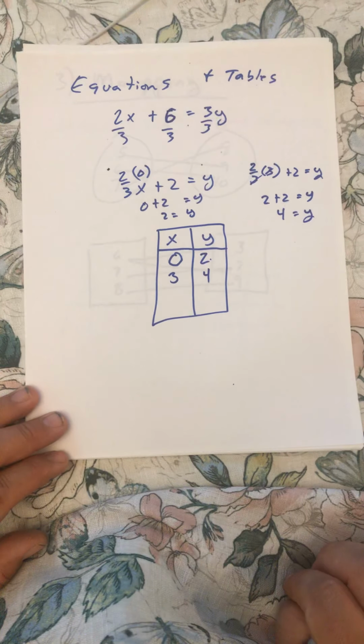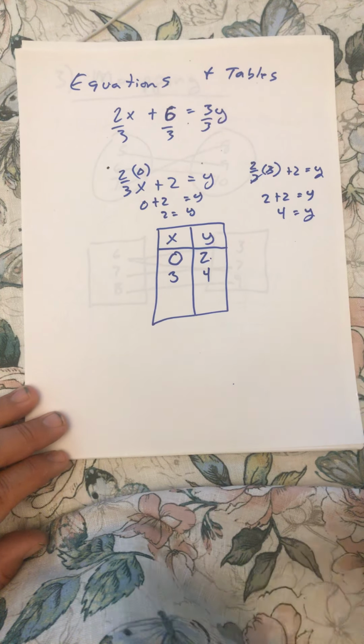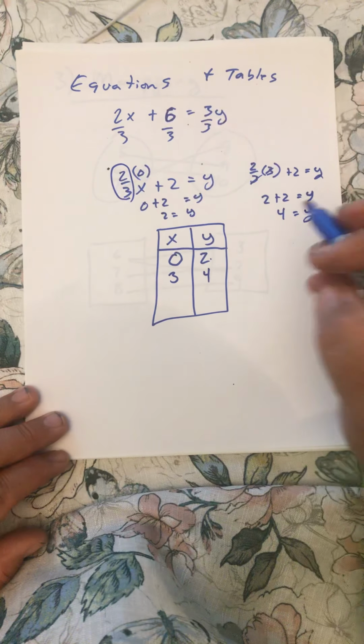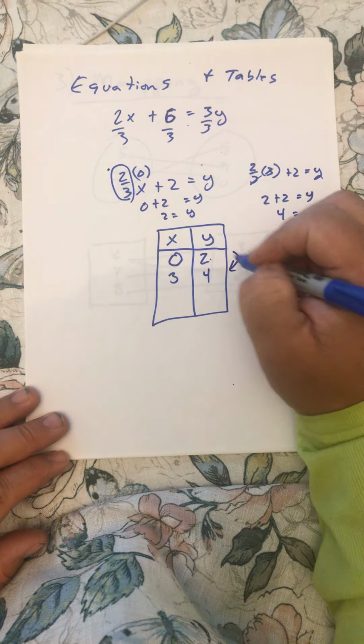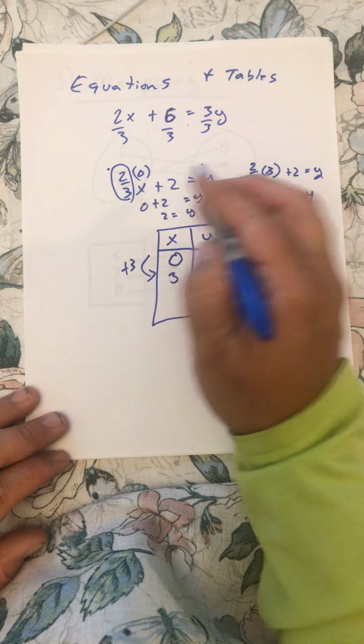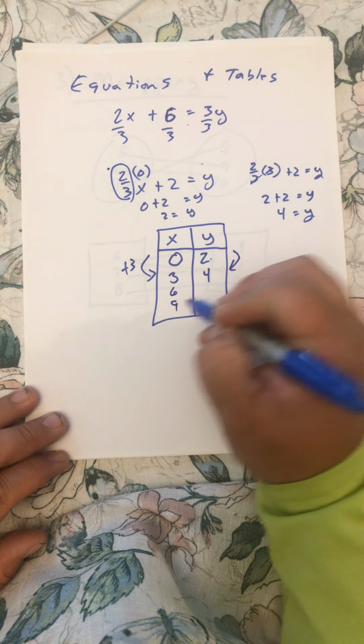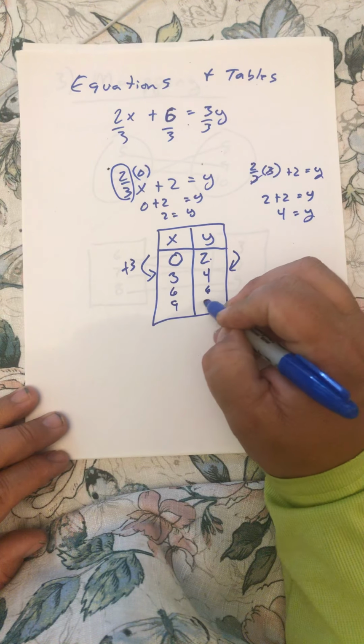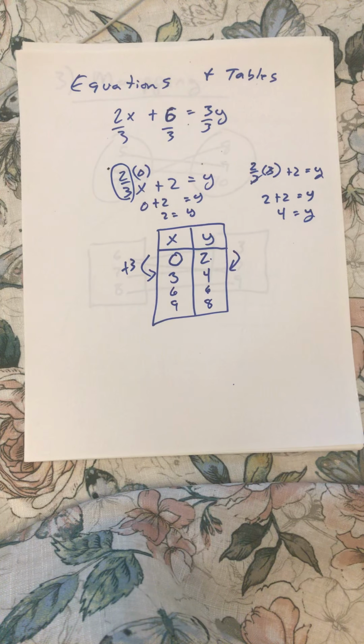Oh, we remembered about the change in x and change in y. So I can just do this. I can add 2, and I can add 3, and since we know it's linear, I can follow this pattern here and just fill in the gap and make a table really quick that way.